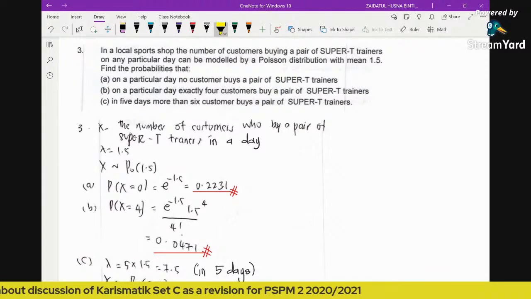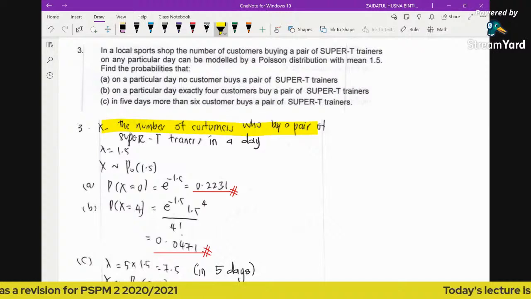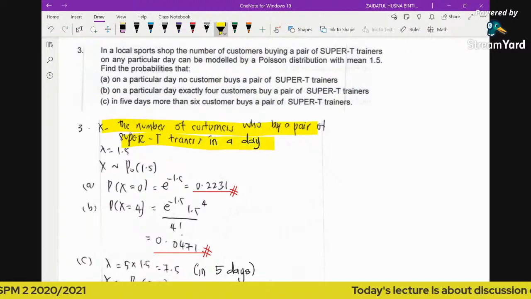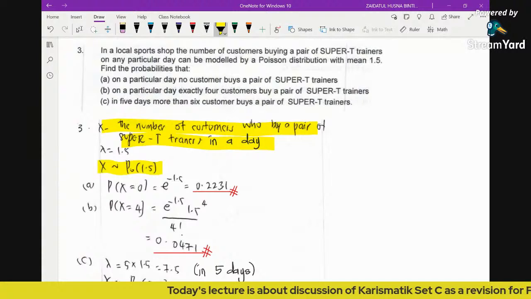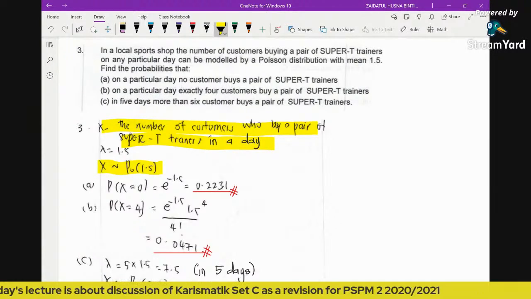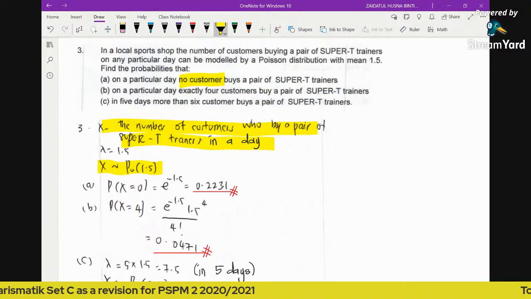All right, so now let's see here. X is basically the number of customers who buy a pair of Super T trainers in a day. Now the lambda is 1.5, so X can be modeled using a Poisson distribution. The question says on a particular day, no customer. So no customer means probability of X equals 0.